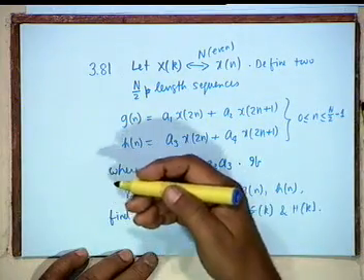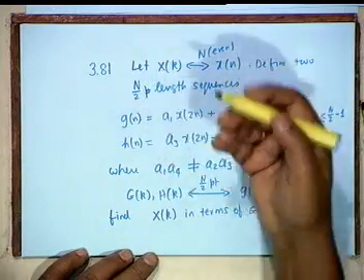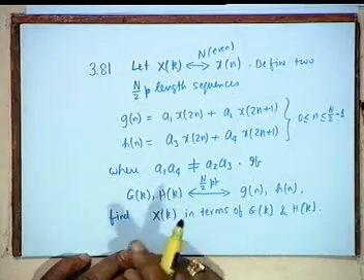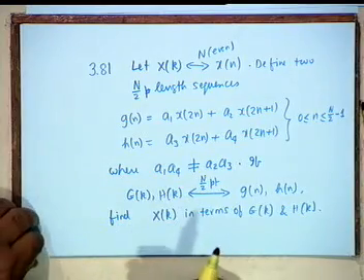Can we find out the DFT of the original sequence, the mother sequence from which these 2 children are derived? Can we find out the DFT of that in terms of these 2 capital N by 2 point DFTs? That is the question. So, there are many ways of solving this problem.